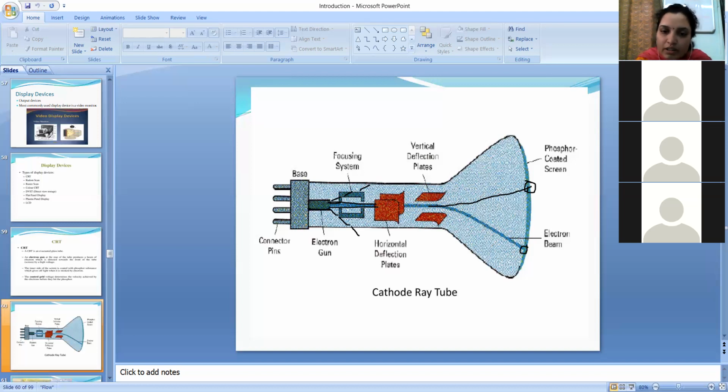This is nothing but controlling the electron beam to strike at its desired position. These are the parts of the CRT, and this is the phosphor coated screen. It has the green phosphor, and whenever the electron beam strikes it, it generates a point of fluorescent color as the output point.